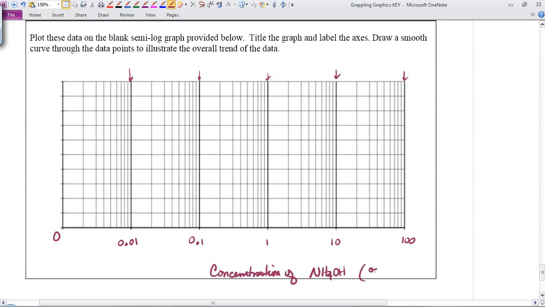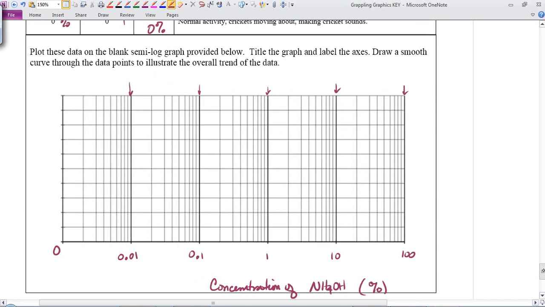And then what unit is it in? It was in percents, because we had to figure that out real quick. All right, then what? What's on this other side? That's the easy one, right? Number of dead crickets. And 1 through 10. Let's see if we have enough. I'm going to count the little spaces. 1, 2, 3, 4, 5, 6, 7, 8, 9, 10.